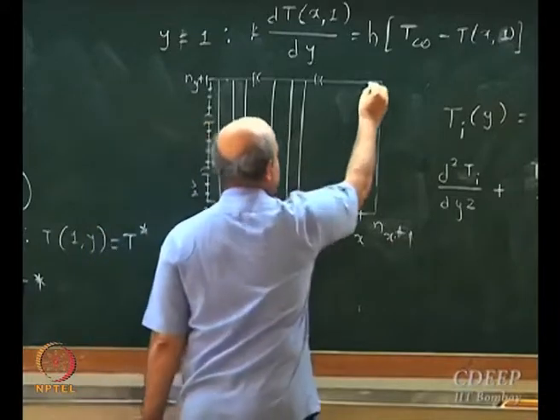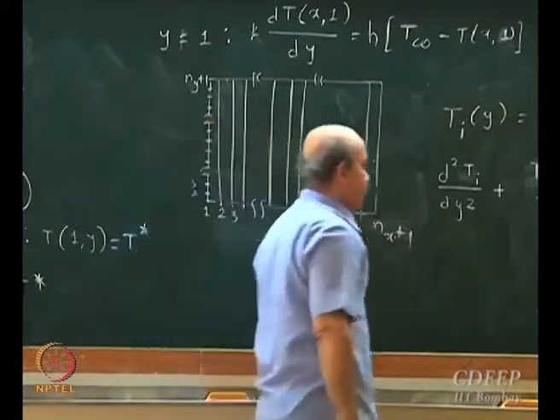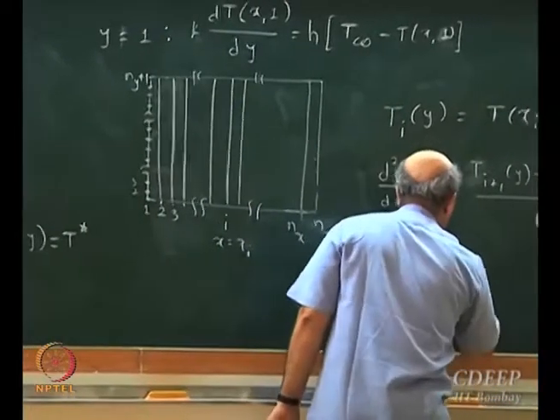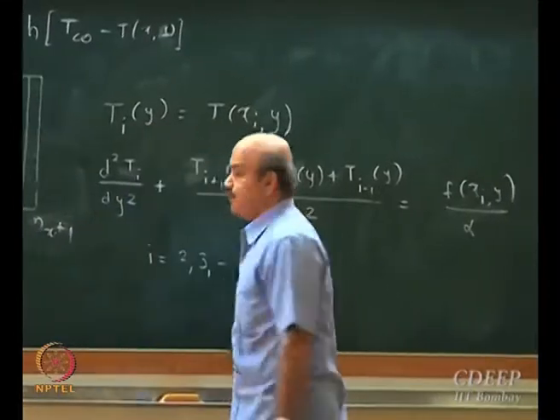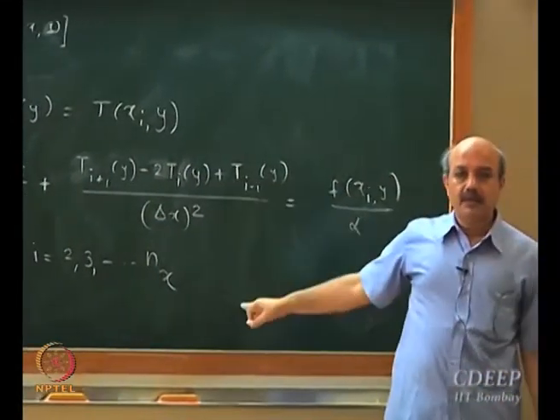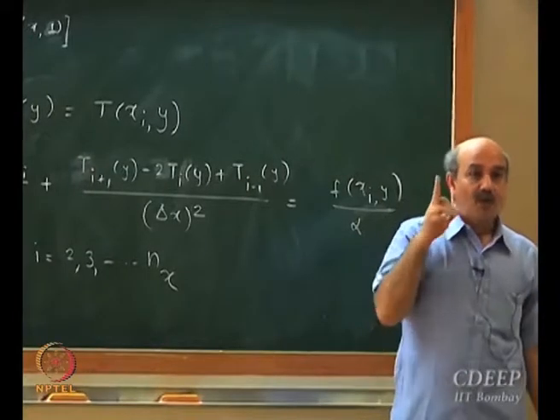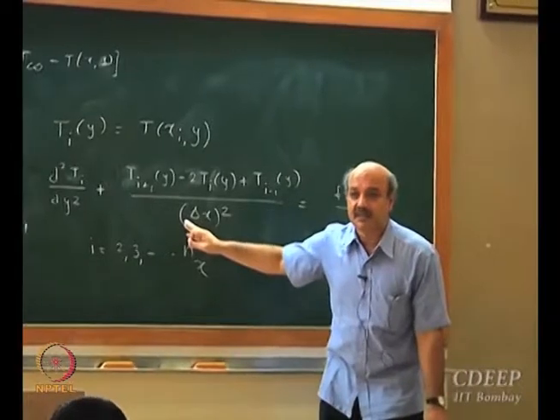So till the last parallel line, we get these differential equations. So i goes from 2, 3 up to nx. You get ordinary differential equations, not one ordinary differential equation. You get a coupled set of ordinary differential equations.